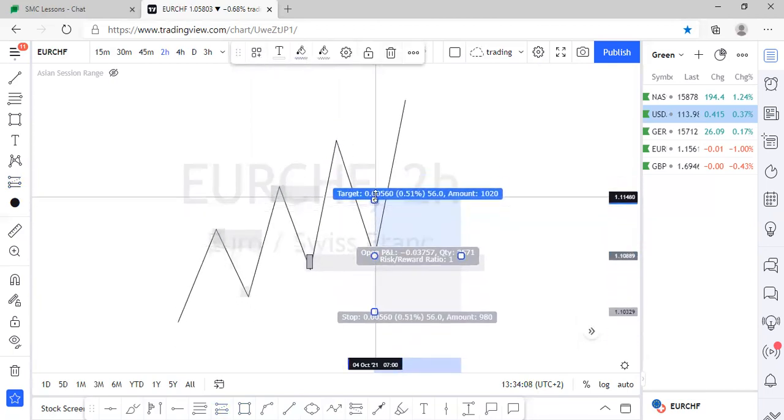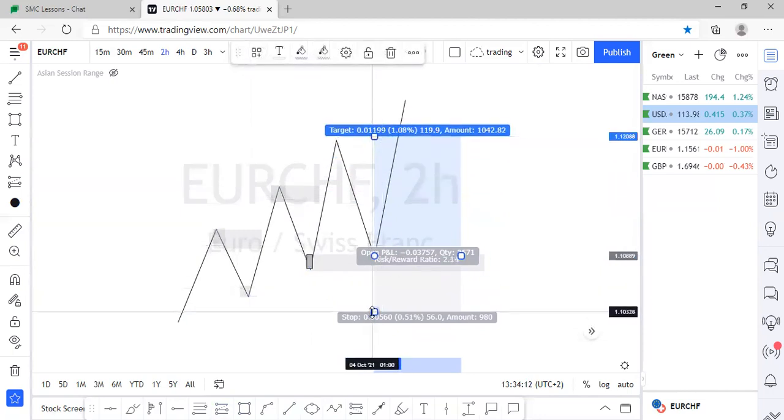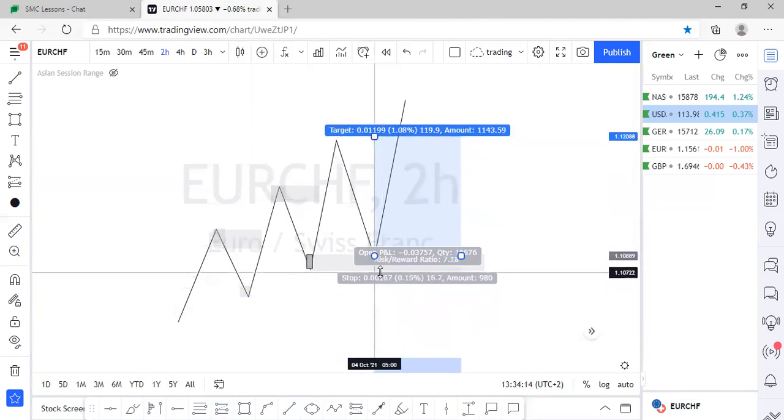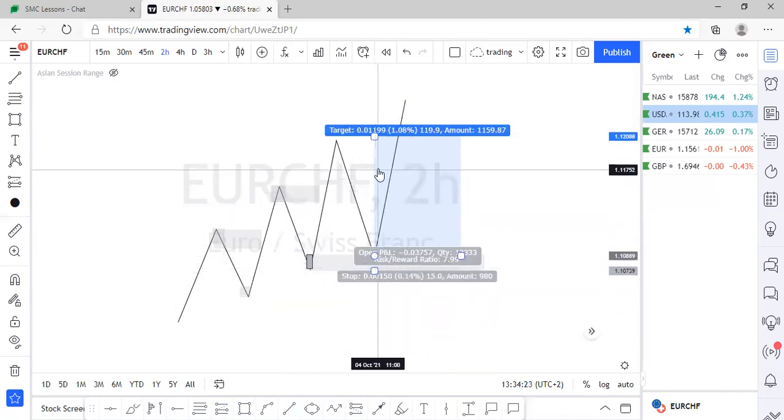And then for our risk reward ratio, whenever we're trading these things, we're targeting these previous highs and a stop loss just below this order block. You get a point. That's how it actually works.